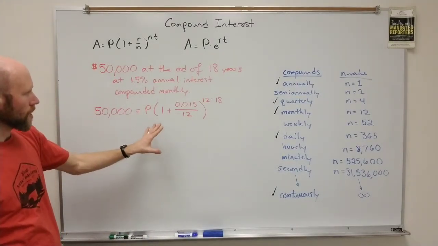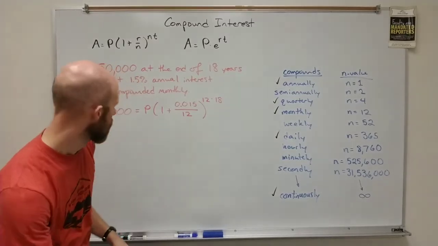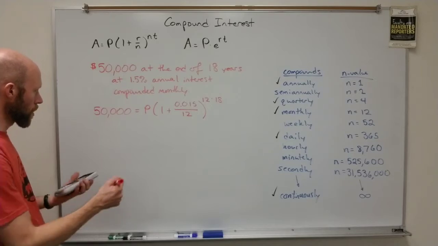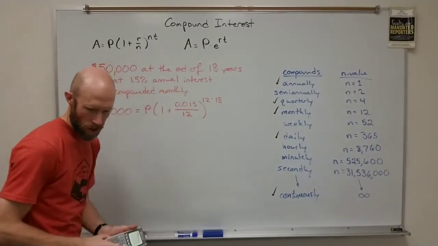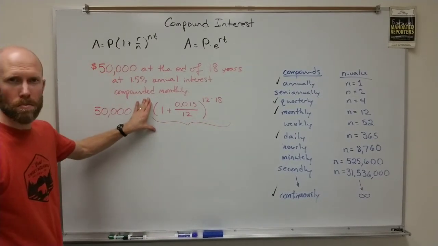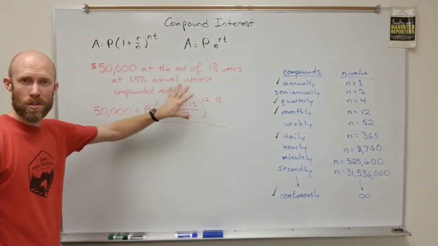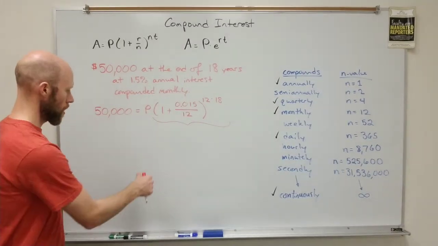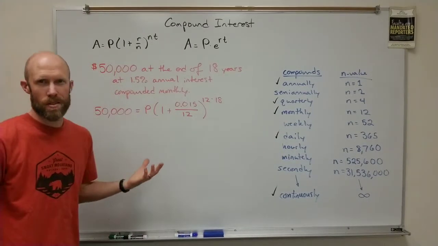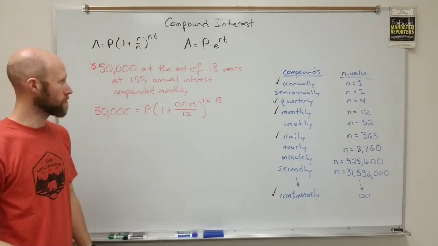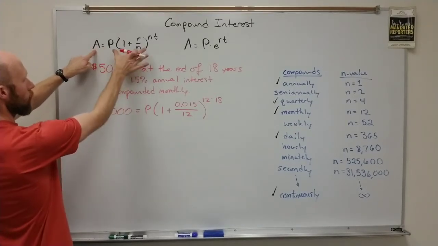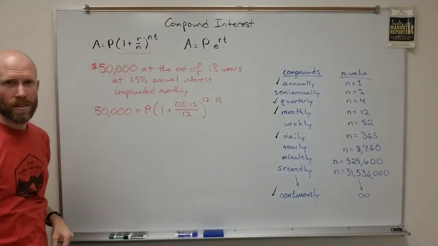And now from this, I can do a couple quick calculations. And really, the main thing is whatever this thing, other than the P, turns out to be, in order to solve for P, I just divide both sides by that. Your textbook actually creates a new formula for this, which you may or may not want to use. I'm not going to have you learn a new formula necessarily, but basically it's P equals A over all this other stuff, okay?